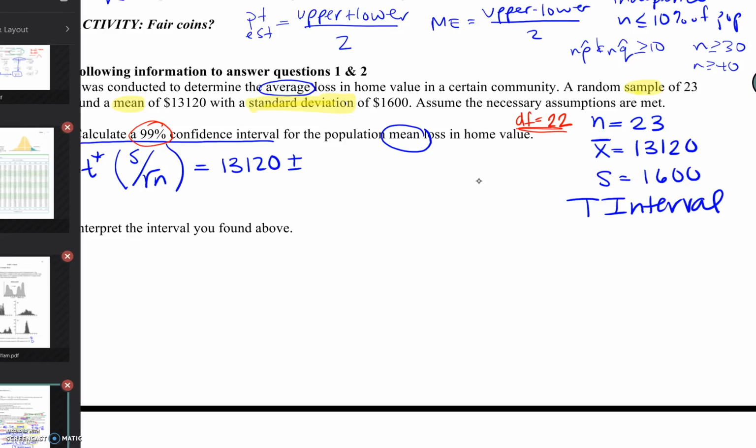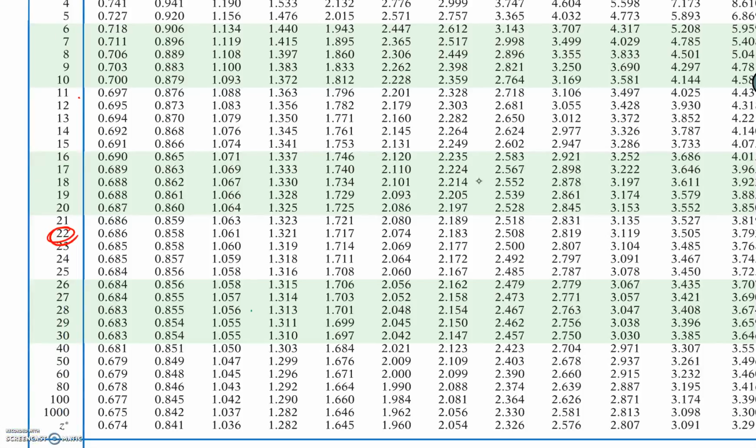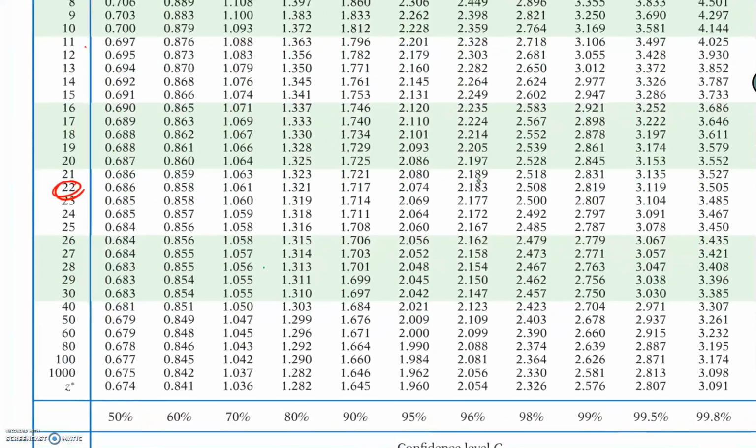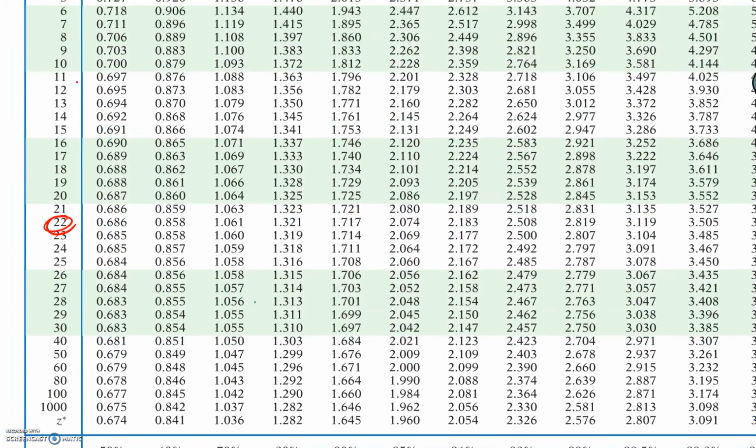So using these two pieces, we can find our T star. 99% and DF of 22. You cannot see exactly where it is, but we can do this anyways. There's our T star, 2.819.